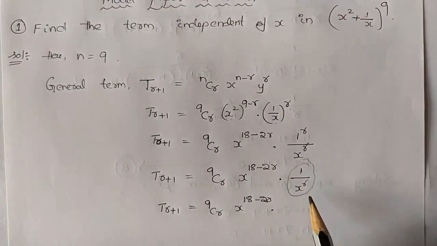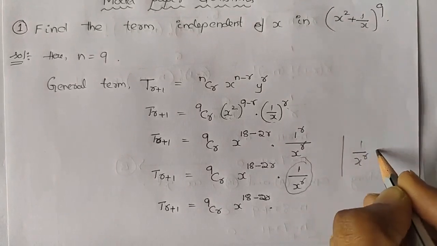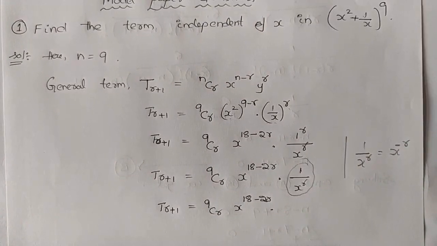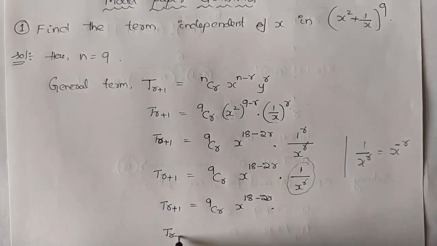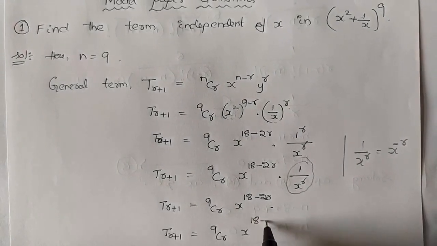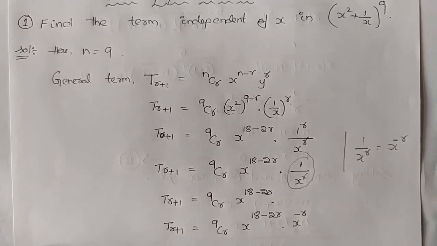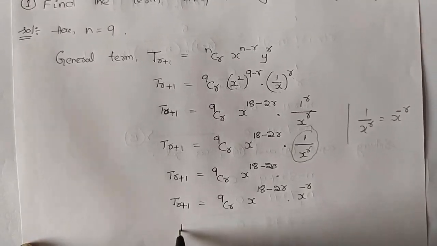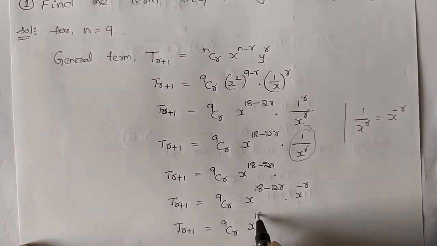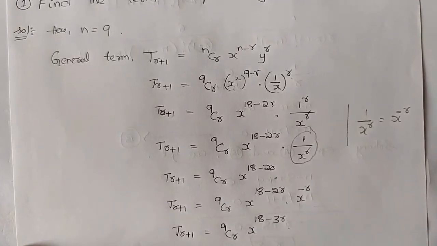By using the laws of exponents, 1 by x power r can also be written as x power minus r. Let us apply. T r plus 1 equals 9Cr into x power 18 minus 2r into x power minus r. T r plus 1 equals 9Cr x power 18 minus 2r minus r, which is minus 3r.